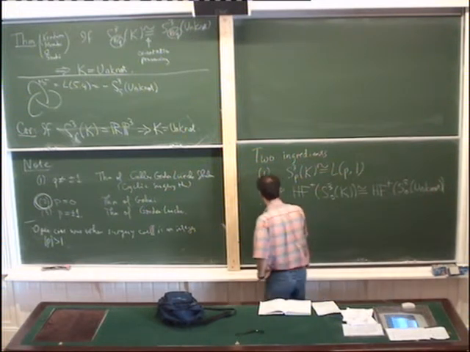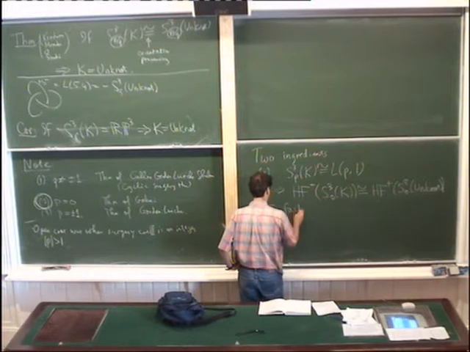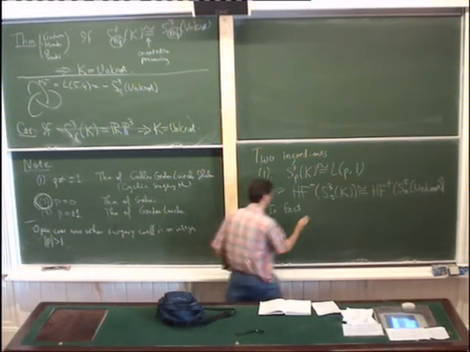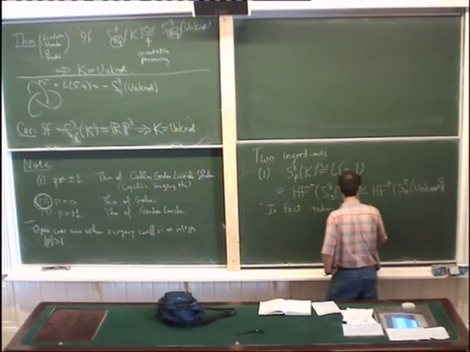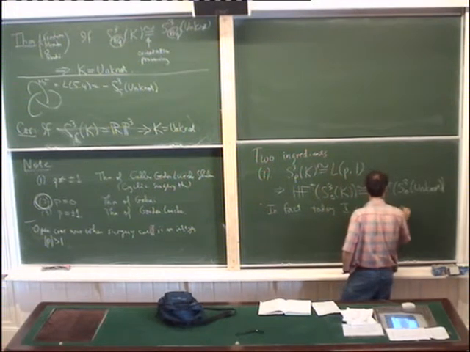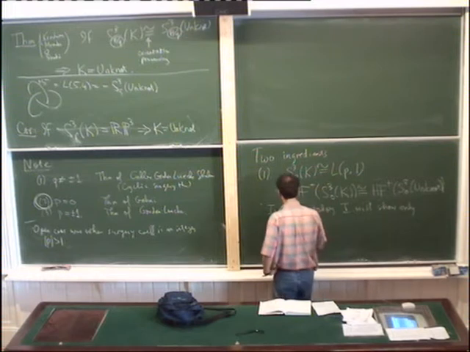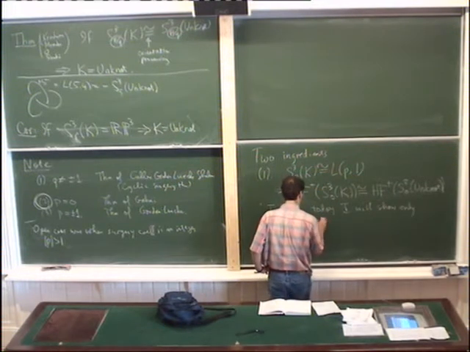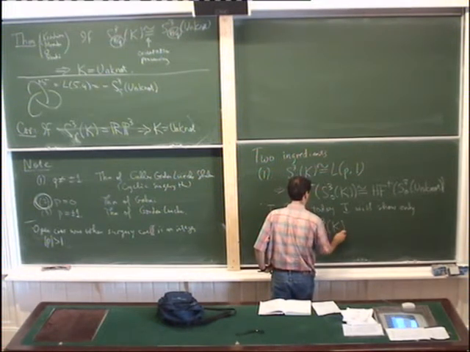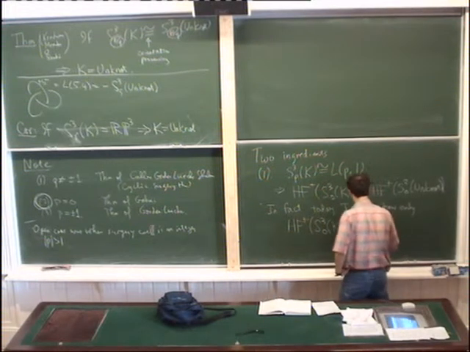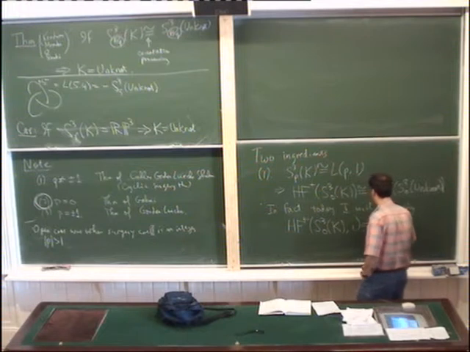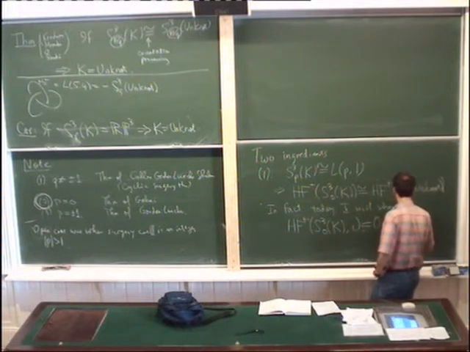In fact, today I will show only that HF^+ of S^3_0(K), in spin^c structure i, is always trivial if i is not equal to 0.